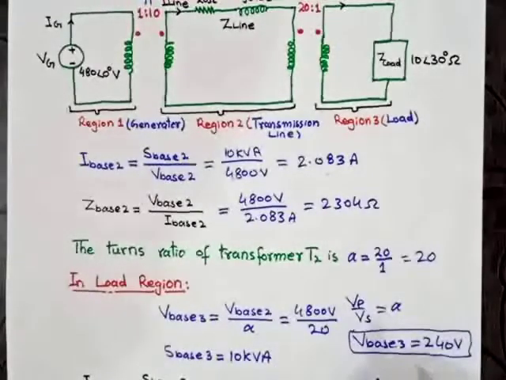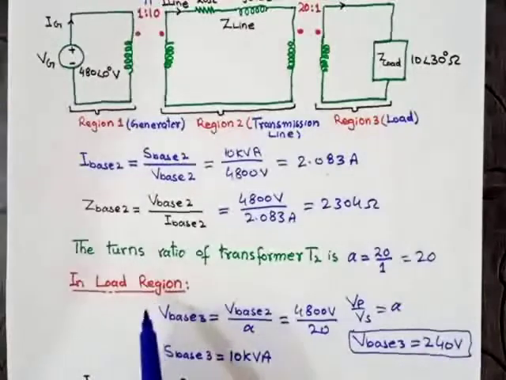So this is the base value in region 3 of the voltage, and this is the base value in region 3 of the apparent power. By using these two base values, we can find the other base values, that is the base value of the current in the load region and the base value of the impedance in the load region.